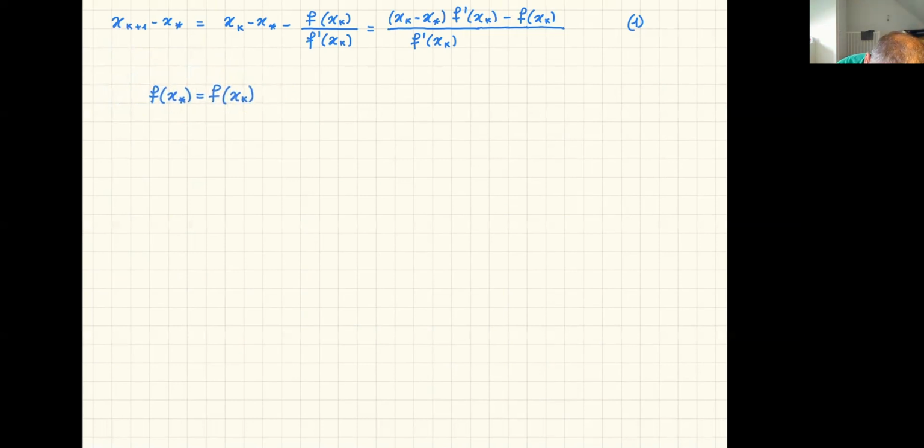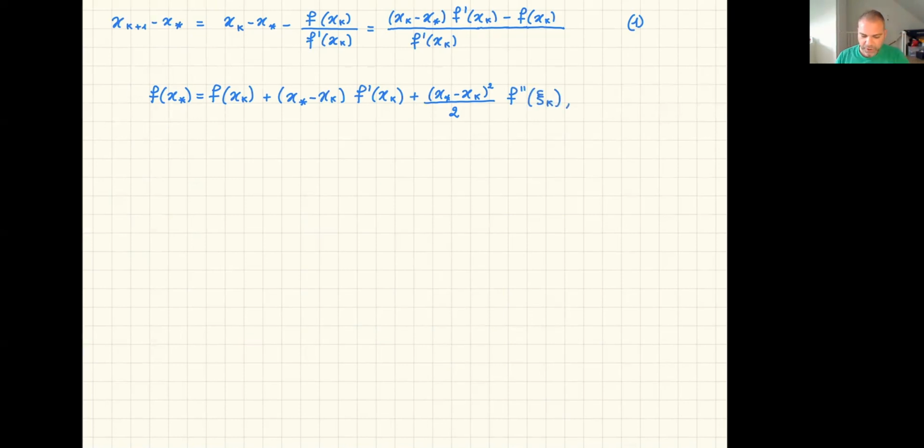So when I'm using Taylor's theorem, I need a pointer on which to expand, and then I'll just go with it. So I'm going to have now x star minus xk multiplied by f prime of xk plus x star minus xk, squared, divided by 2, also times f double prime at a given number psi k.